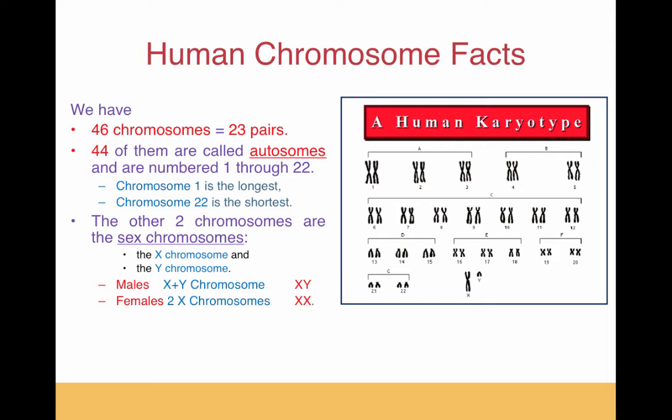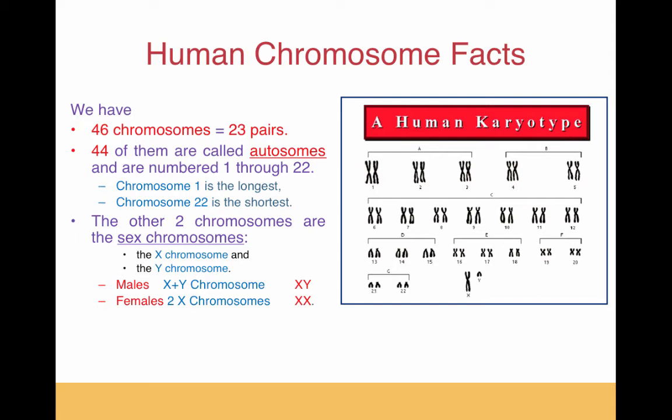But before I get there, so we have 46 chromosomes or 23 pairs. All right. We get 23 chromosomes from mom, that's in her egg, and we get 23 chromosomes from dad, that's in his sperm. And when those two come together, we get 23 pairs, okay? 44 of them, so 1 through 22, are called autosomes.